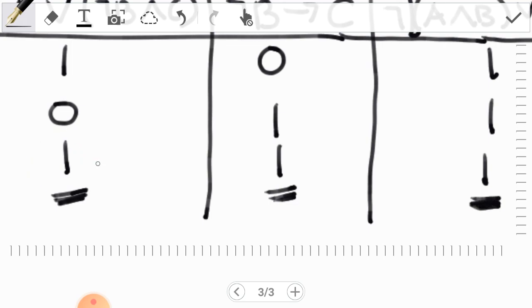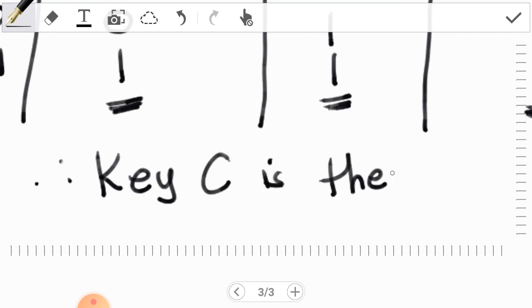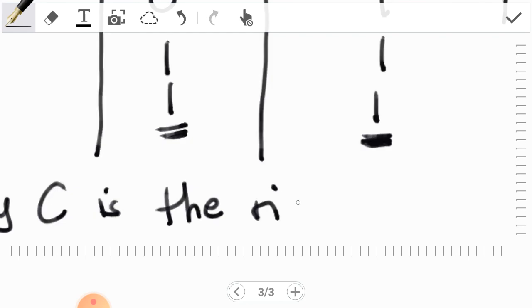All clues are true for key C. Therefore, their conclusion is that key C is the right key. And because of discrete math, the couple were able to win the brand new house.